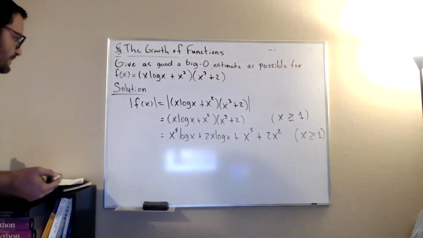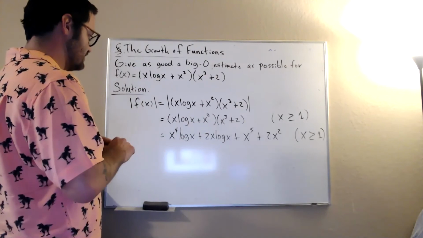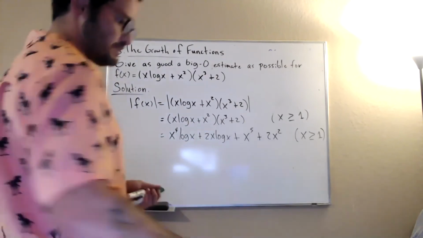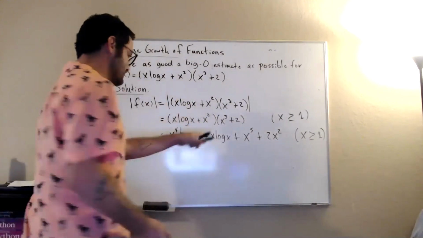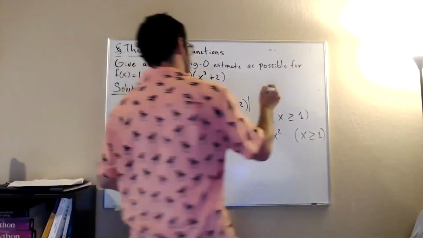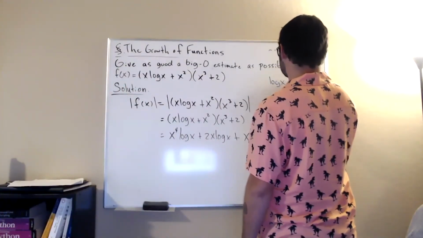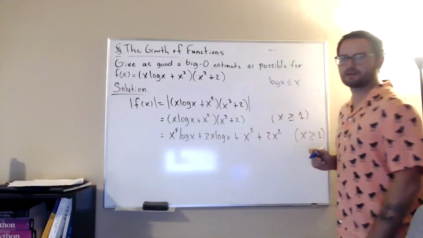Okay, so I see that here the highest exponent for my x is 5. And then I have these logs here, but I know that log x is always at most x.